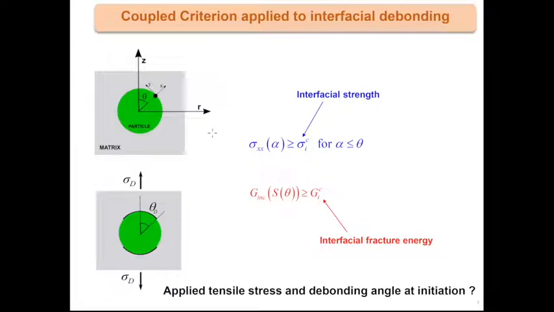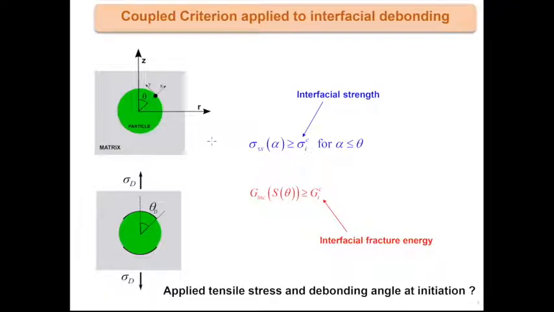First, I would like to write something about the stress condition and here the energy condition. So I will introduce the geometry of a particle, the angle which defines the debonded zone here.